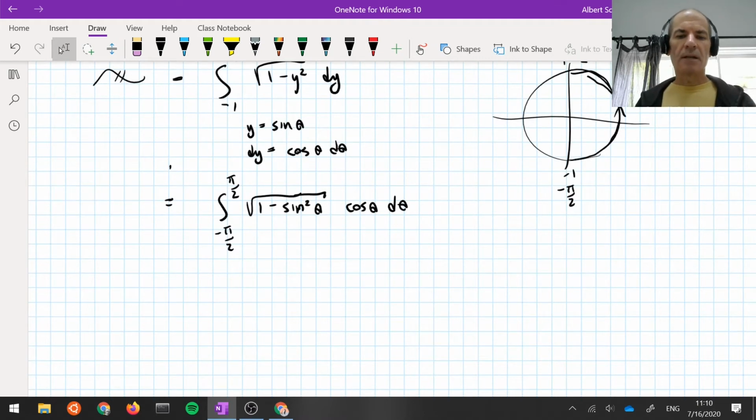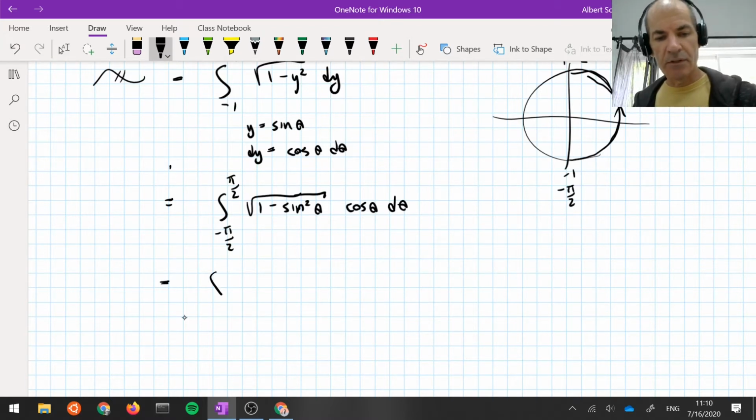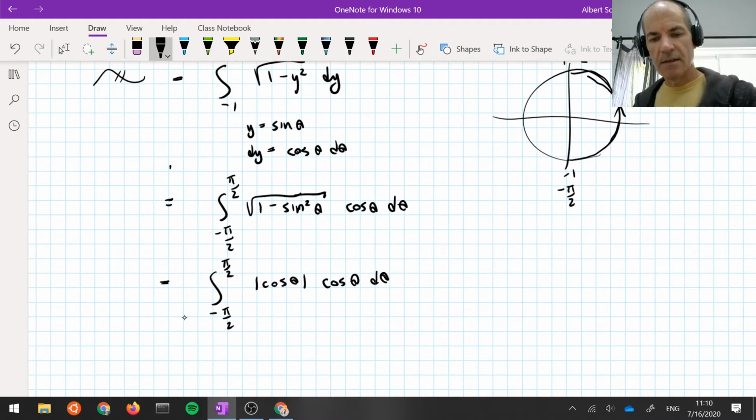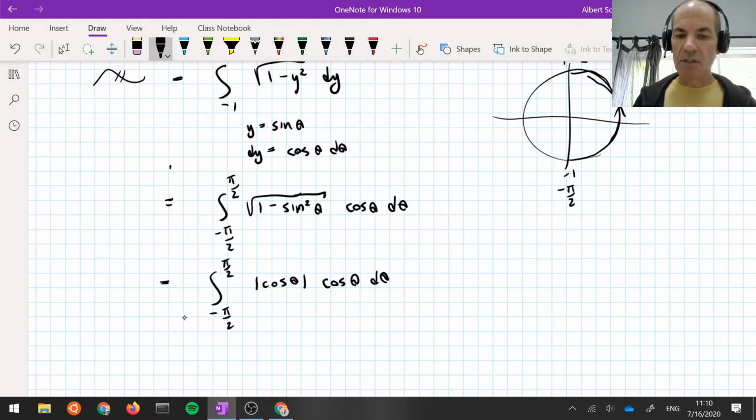All right, 1 minus sine squared theta is secretly cosine squared theta, and we take the square root and we get the absolute value of cosine theta. And we have another cosine of theta. Now, we might ask ourselves, do we need the absolute values in this particular case?